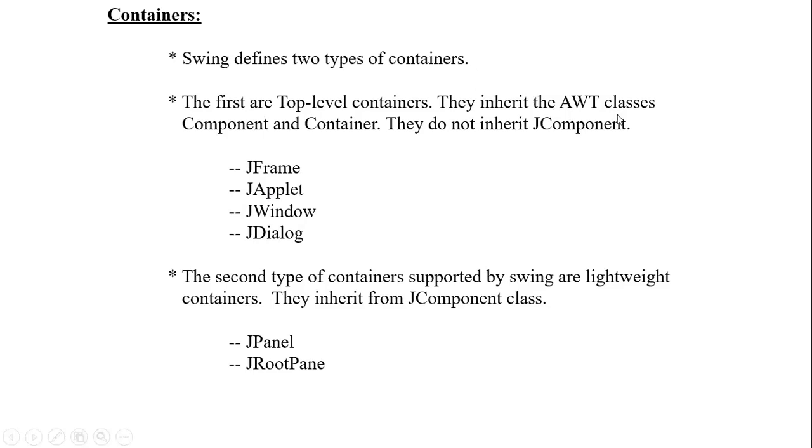They inherit the AWT classes Component and Container. They do not inherit JComponent. The second type is inherited from JComponent. So when you come across JComponent, think that it is coming from the Swing concept.